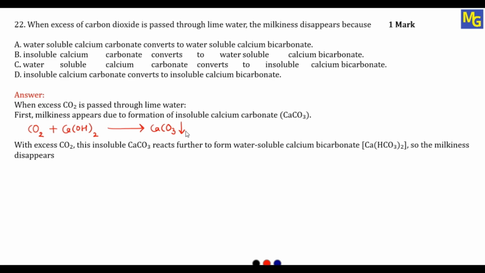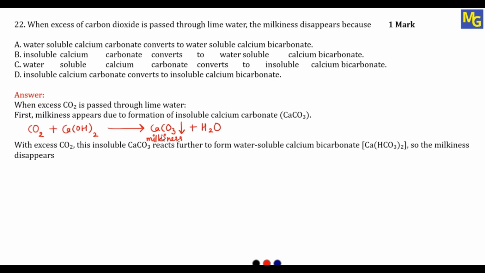This downward arrow shows it is insoluble, and with this it will form water, that is H2O. Whatever this calcium carbonate forms will give milkiness to the lime water. So this is the first reaction that takes place when CO2 is passed to lime water. This CO2 is only a little, it is not excess. When a little CO2 is passed to lime water, we will get milkiness.